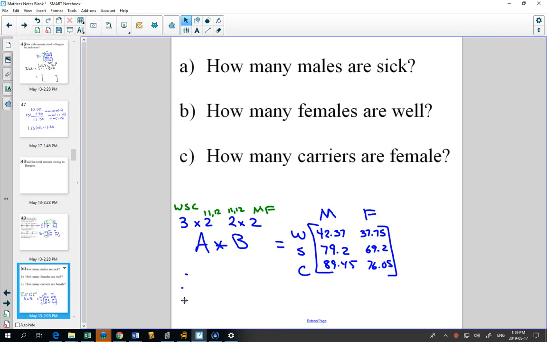And with this data, now question A is really easy. I look at that chart. How many males are sick?